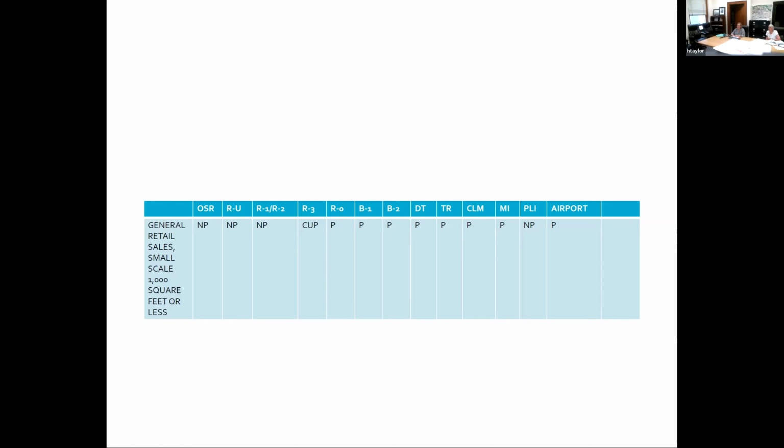Maybe let's explore this a little further, and then next time the zoning commission meets, we could talk about that before we wrap up. That'd be something we can explore.